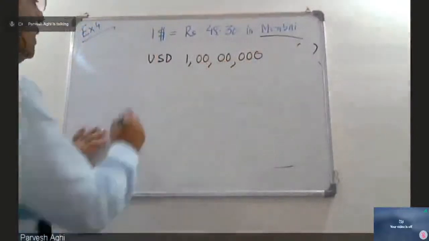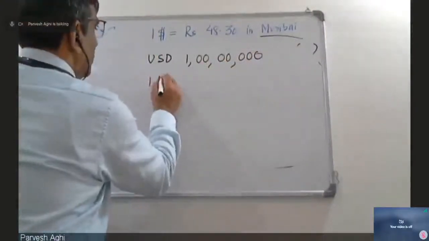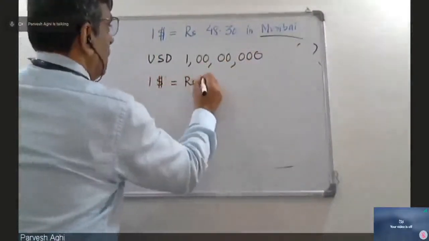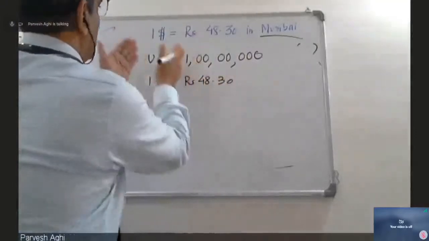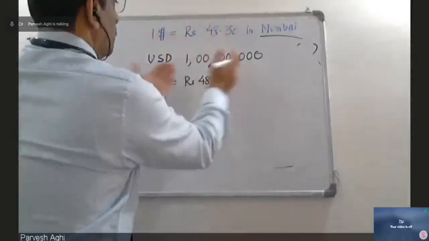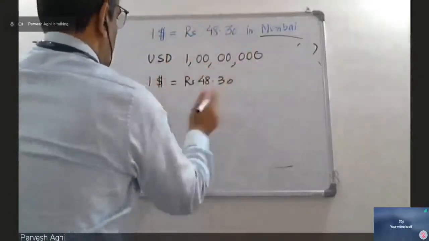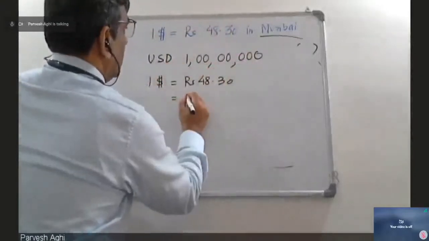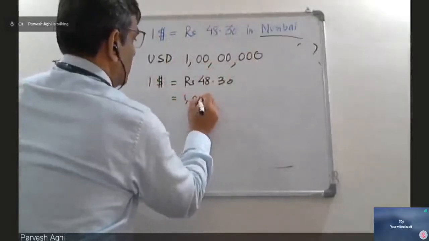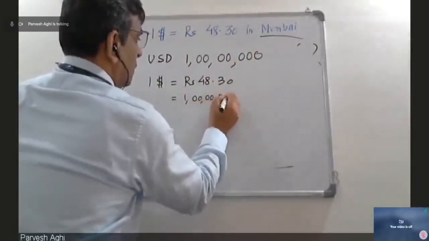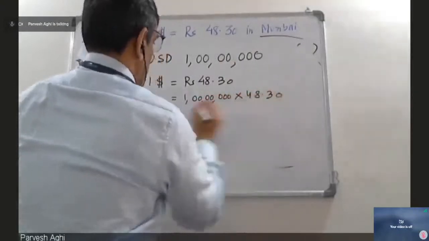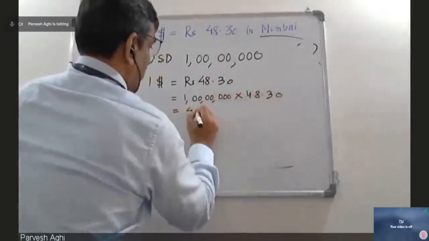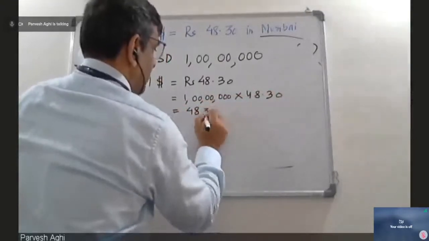Okay. So we know that $1 is equal to rupees 48.30. So I can straight away apply, because $1 is 48.3. So 1 crore dollar would be equivalent to how much? This multiplied by 48.3. So this money will become very big, 48 crores 30 lakhs.